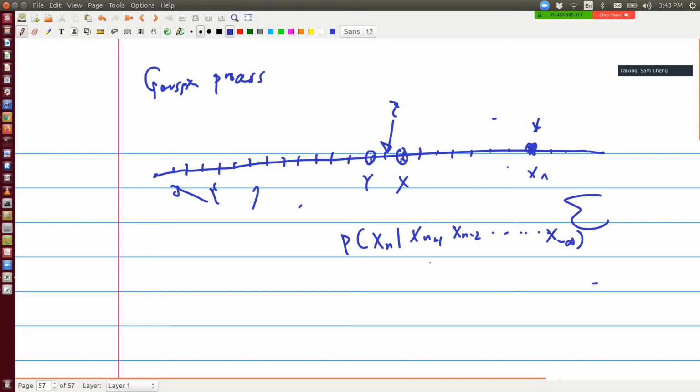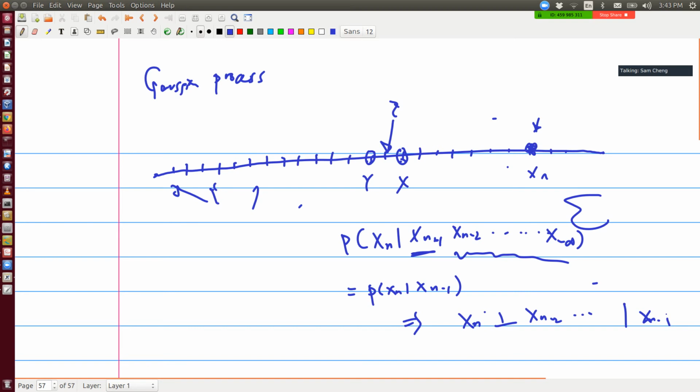Markovian is just saying that, given my last x_(n-1), all the rest will not give me more information, and therefore this is just equal to p(x_n given x_(n-1)). This is actually saying that x_n is conditionally independent of x_(n-2) and so on, given x_(n-1).